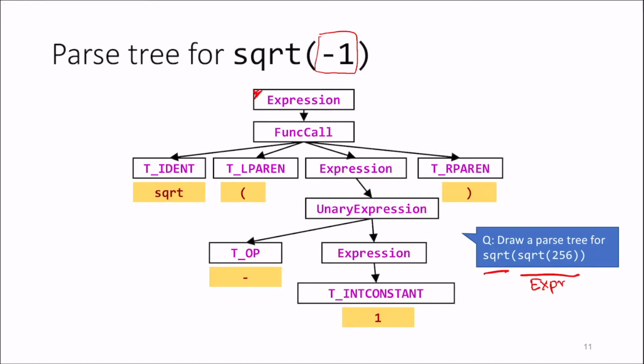You can see that the expression node in this parse tree occurs in 2 places, actually 3 places. You can think of these 3 expressions as a kind of Lego block. It doesn't matter what's underneath this. You may have built a big Lego structure underneath it, right?